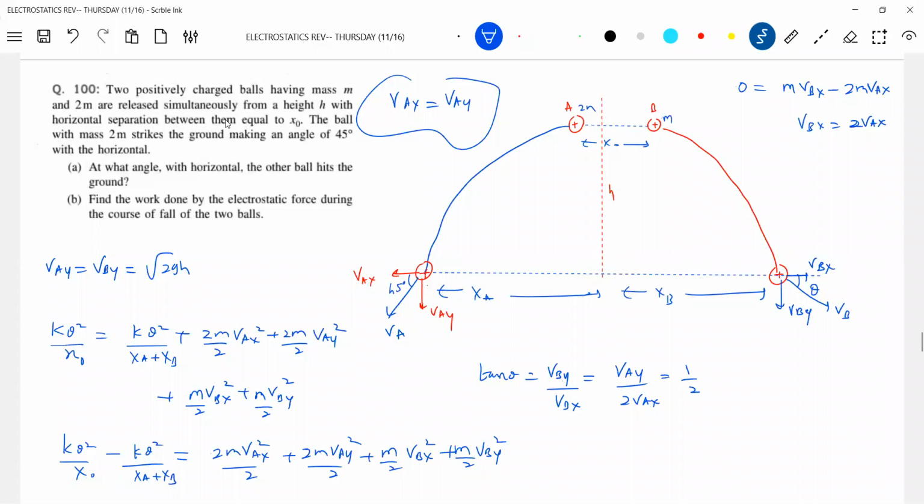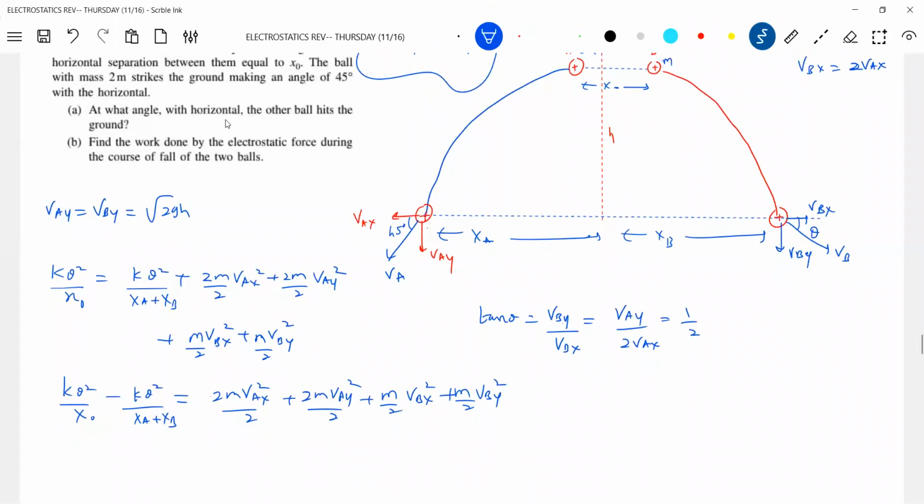So what is this? This is the work done by electrostatic force. This LHS is what? And also this part is the work done by electrostatic force, no? Just calculate, you get the required answer.